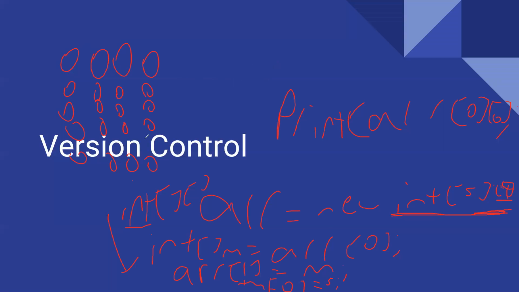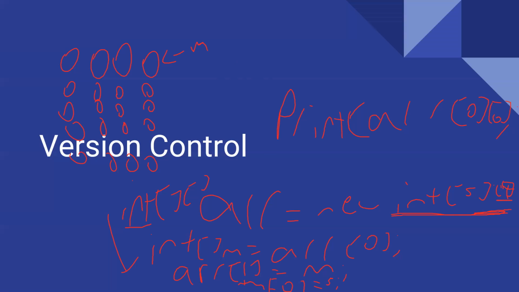Okay, now we drew it out. Let's talk about what happens. We set m to arr 0. So this is arr 0, right? It's row 0. So I can think of this as 0, 0, 0, 0. This is what m points to, right? All right, cool.